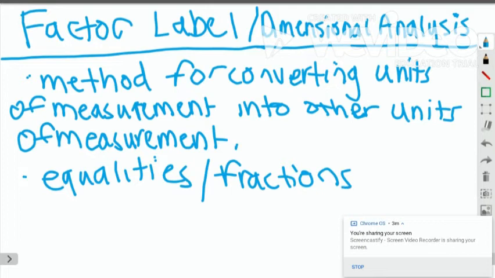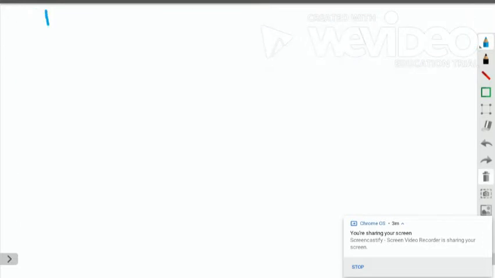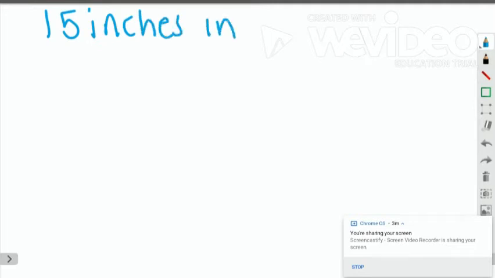So in the notes, I wrote this technique uses conversion factors that are made from equalities between units, and the conversion units are arranged in fraction form in such a way as to cancel all other units except the desired units. So an example of this would be 15 inches into feet. You went to Lowe's and you were asked to get a 15-inch board, but they only have measurements of feet.